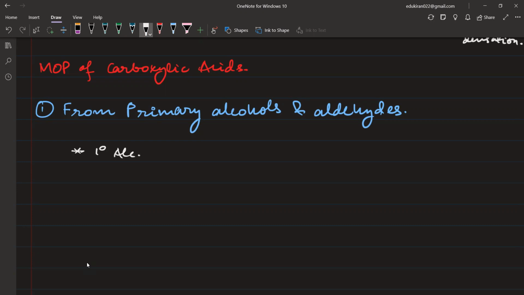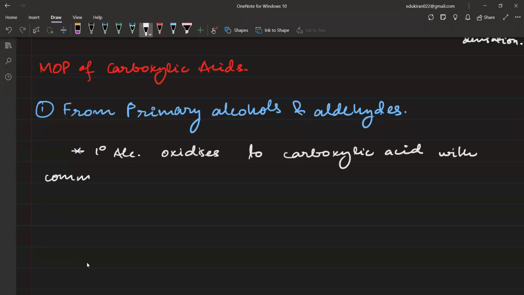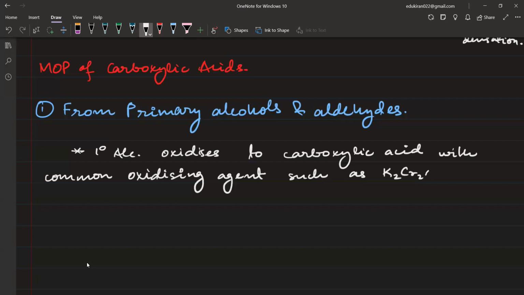1 degree alcohol oxidizes to carboxylic acid with a common oxidizing agent such as K2Cr2O7.